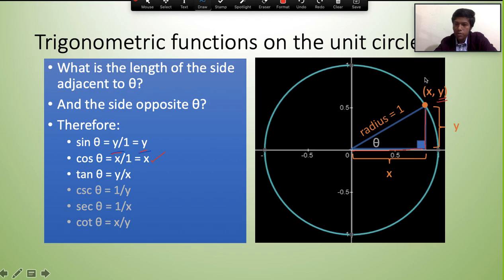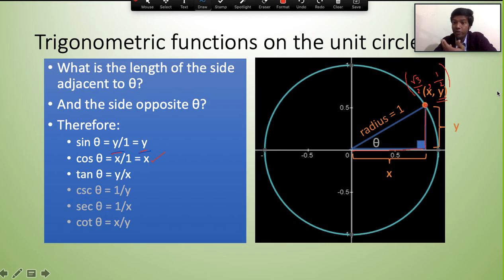Suppose this is 30 degree. Let's write here 1 by 2 and here root 3 by 2. Of course this is true, I'm writing it for 30 degree here. Suppose these values are given at this point.